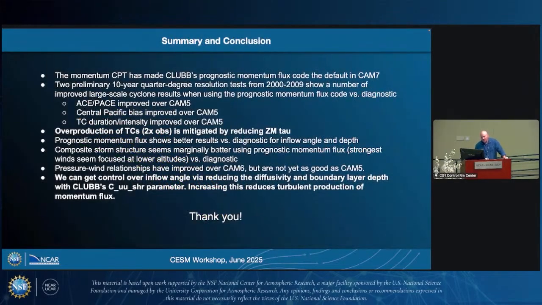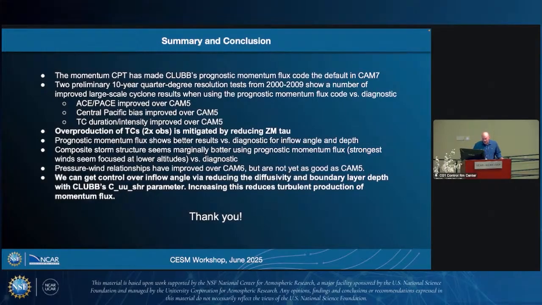So yeah, basically the momentum CPT has made prognostic momentum flux the default in CAM7. Preliminary 10-year runs by Cecile show a number of improved results when using the prognostic momentum flux versus diagnostic. We've learned that overproduction of TCs can be mitigated by reducing that ZM tau parameter.